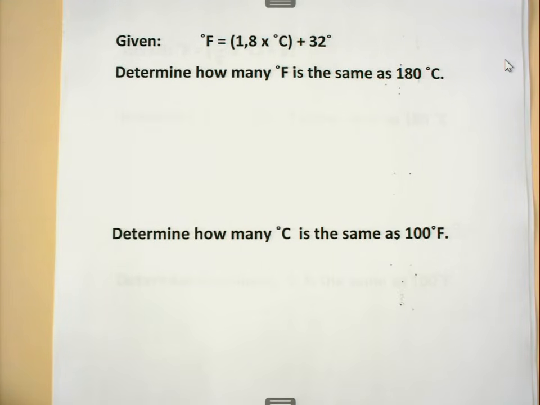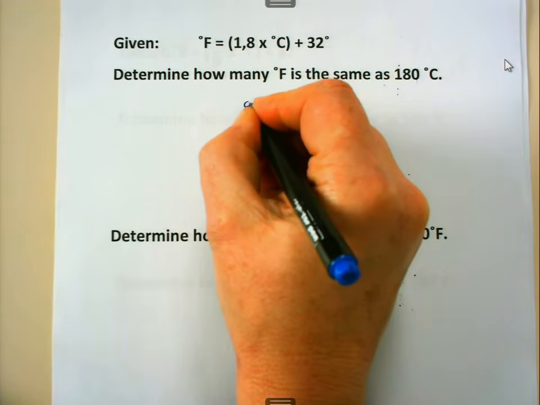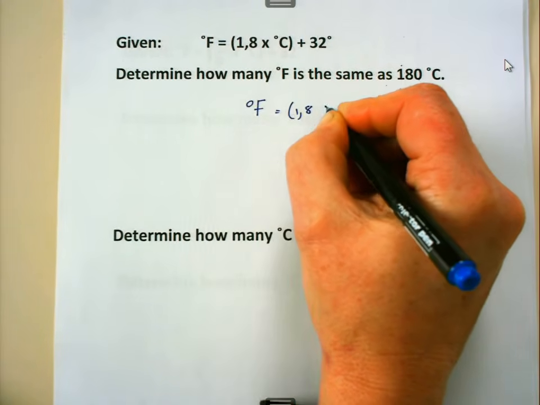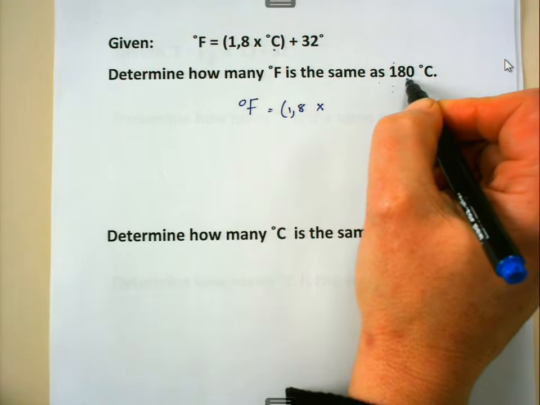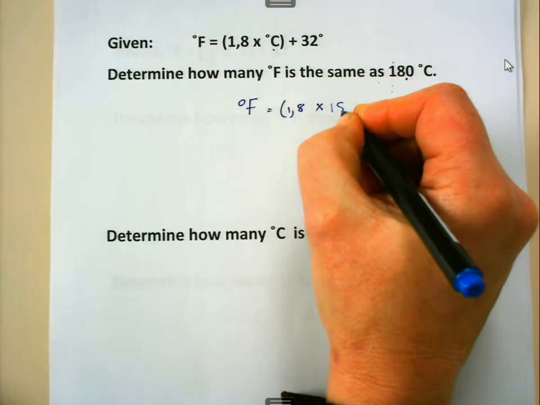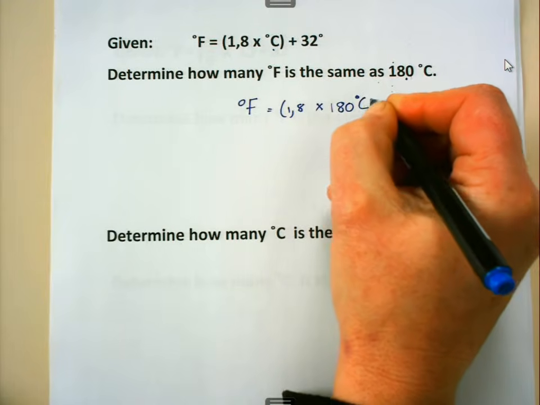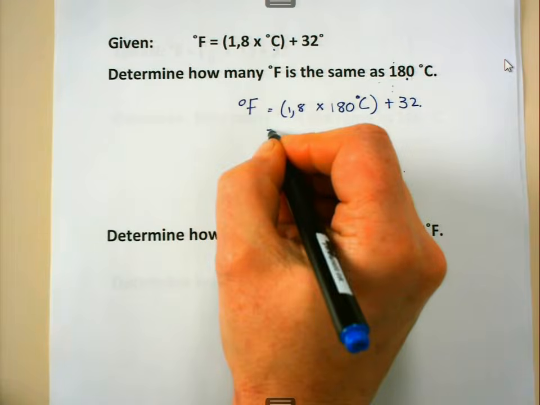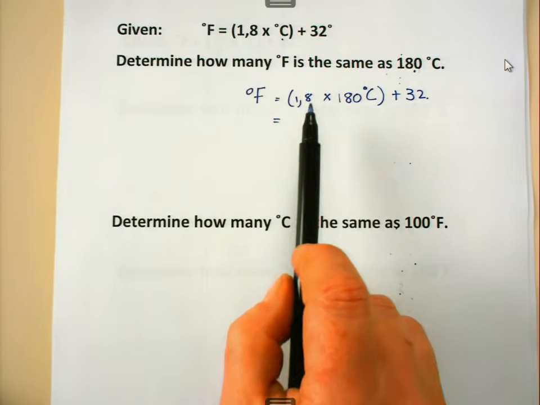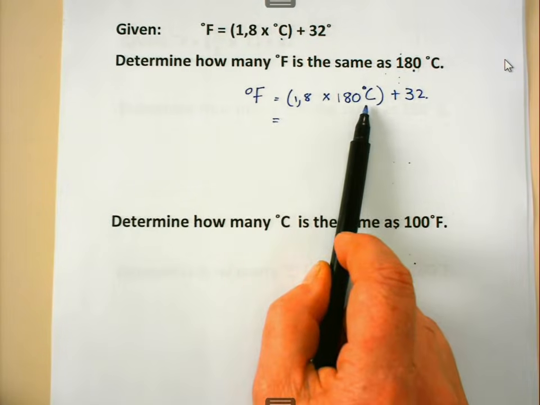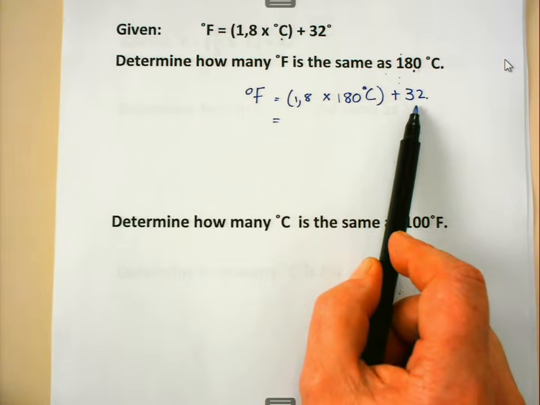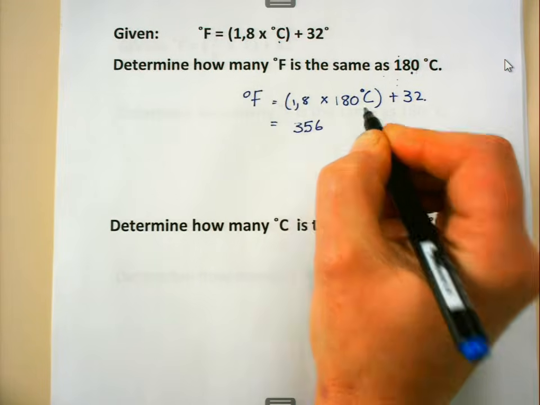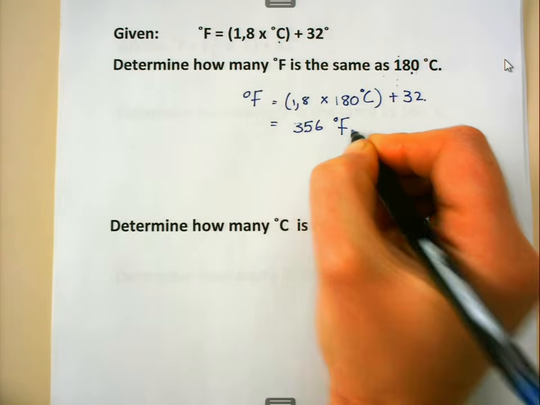In other words, you will simply say degrees Fahrenheit is equal to 1,8 times the degrees Celsius that I'm going to put in there, which is 180 degrees Celsius, plus 32. On your calculator, you work out 1,8 times 180, and you add 32. You will see the answer is 356 degrees Fahrenheit.